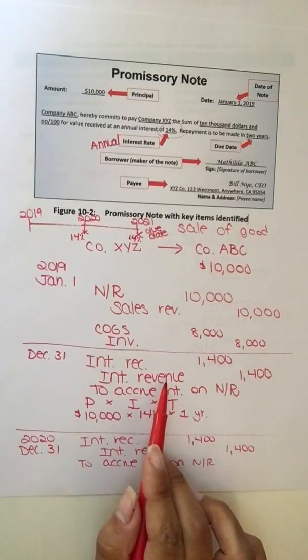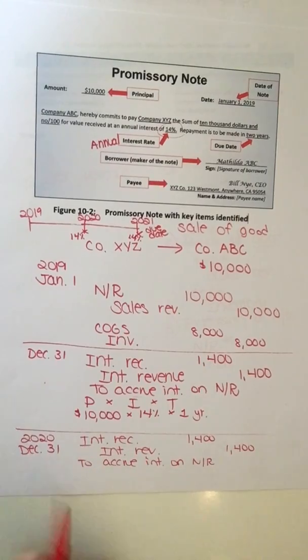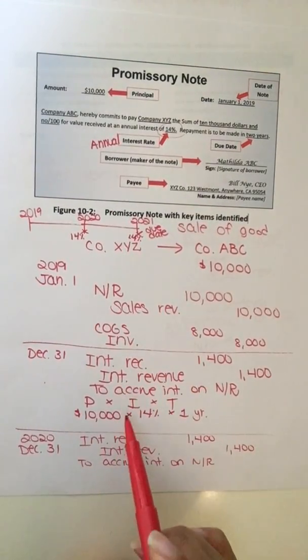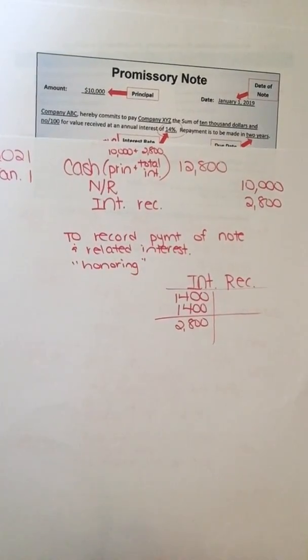So we've already recorded the revenue for 1 year in the first year, revenue for the second year in the second year. So there are your journal entries. So to recap, there were 3: 1 to create the note, 1 to record interest, and then 1 to record honoring of the note at the due date.